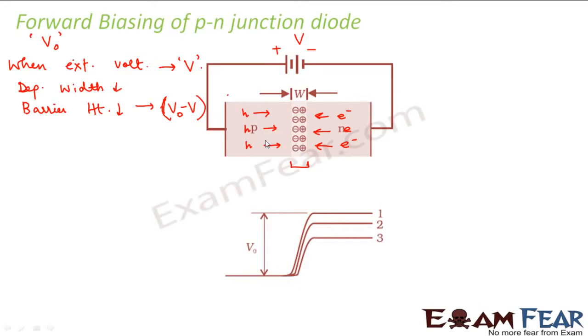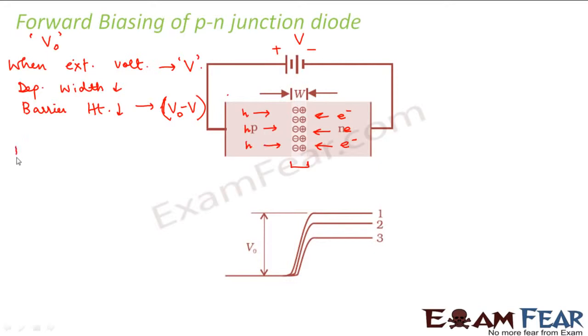Now when the applied voltage is very large, in that case what will happen? The decrease in the depletion width will be very large. So the depletion width will become very small, and as a result the current will increase even more. So that proves that as the external voltage is increased, the current will also increase.